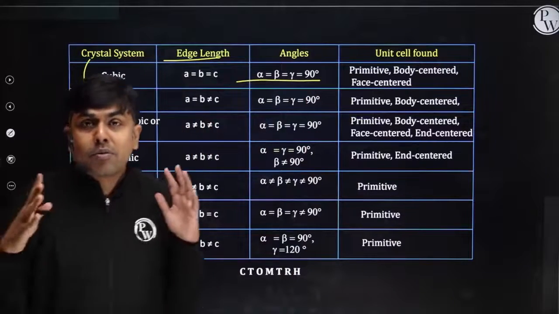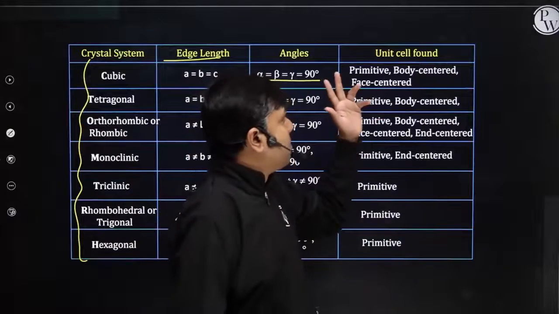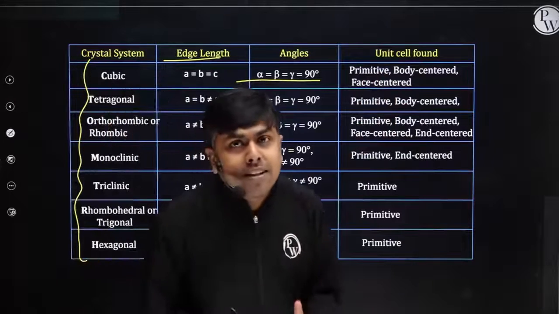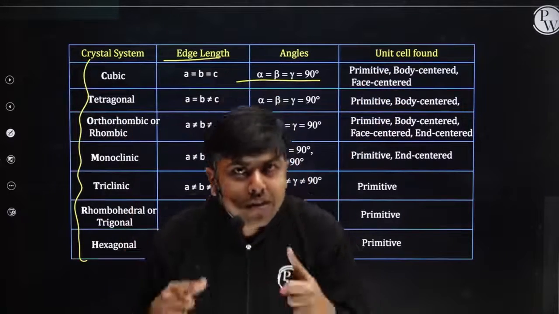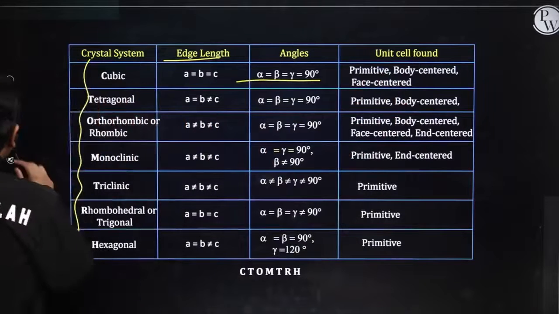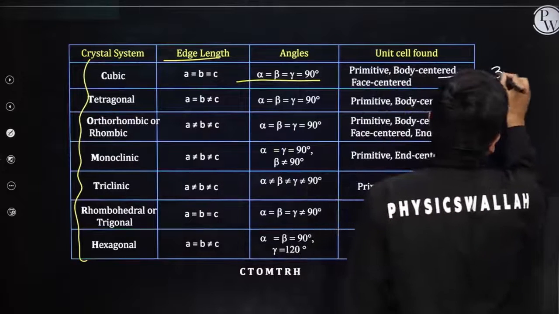The unit cells we find in the cubical type of lattice are the primitive unit cell, that is the simple unit cell, where the constituent particles are present only at the corners, the body centered unit cell and the face centered unit cell. So in the cubical type of lattice, we have 3 types of unit cell.